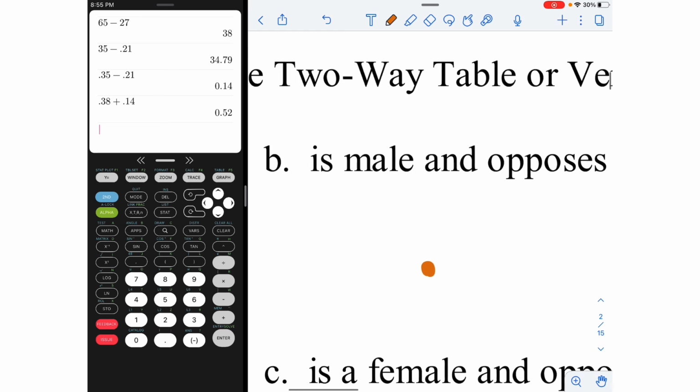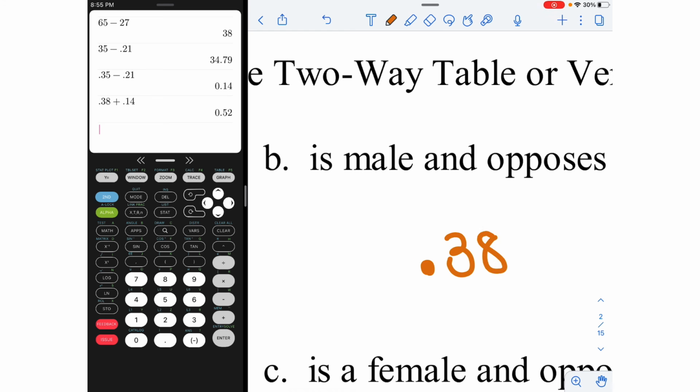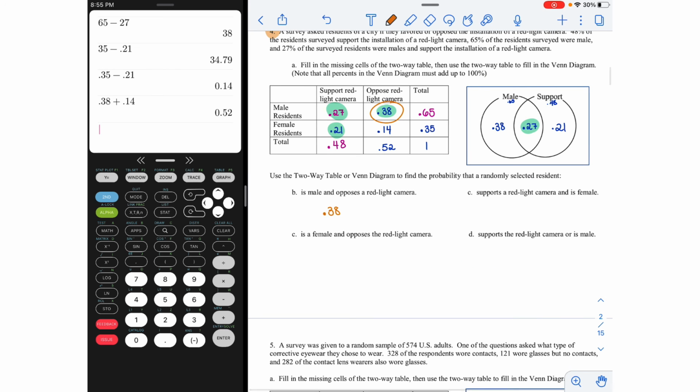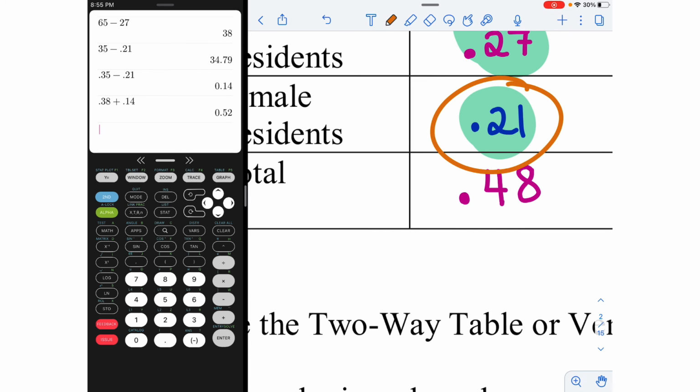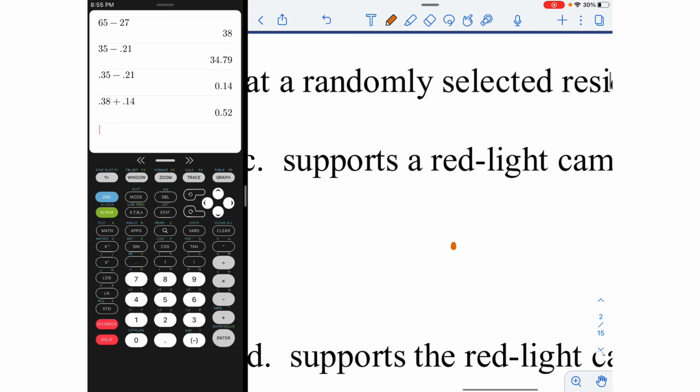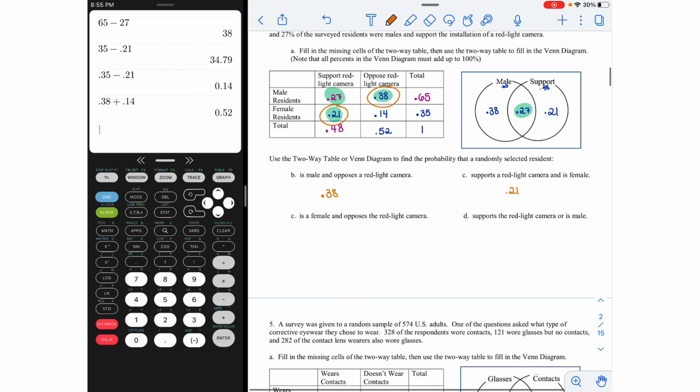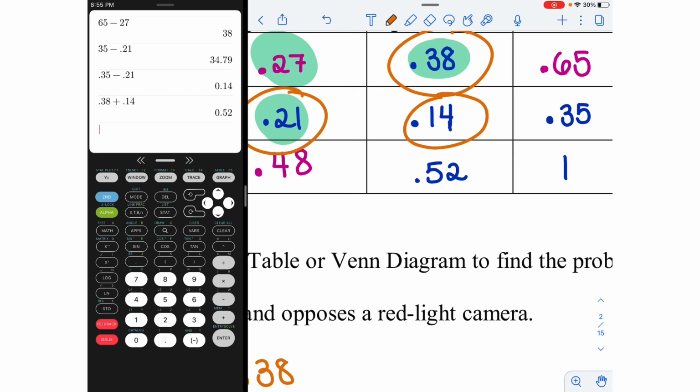Honestly, guys, I would use the chart more than the Venn diagram. The chart makes more sense in my brain. That's just a personal preference. Okay, supports the red light and is female. Supports and is female, 21%. Female and opposes, 14%.